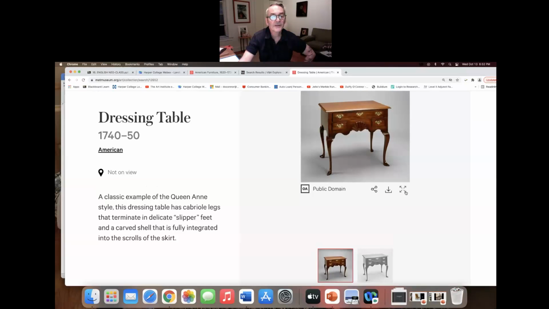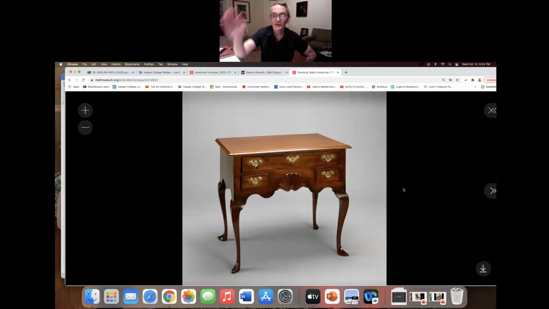Okay, so cabriole leg, that leg right there curves out, back in. Looks a little bit like maybe it's an animal leg.